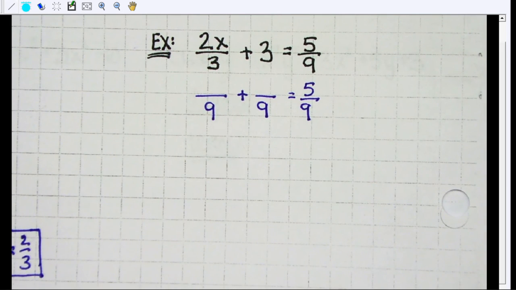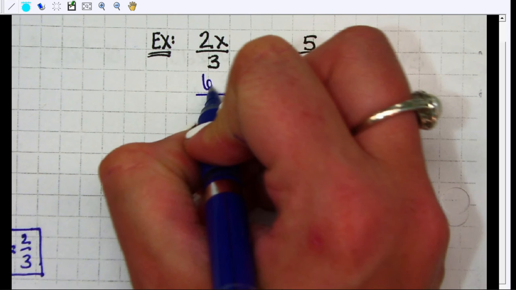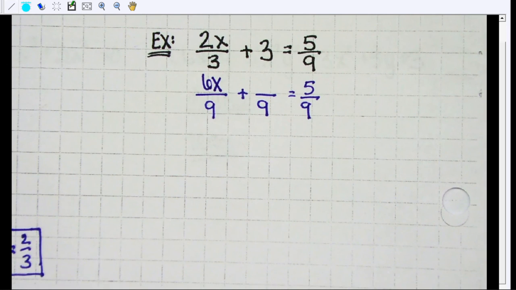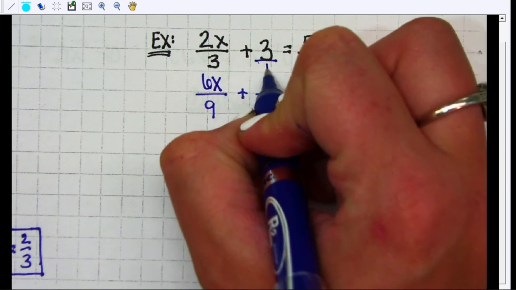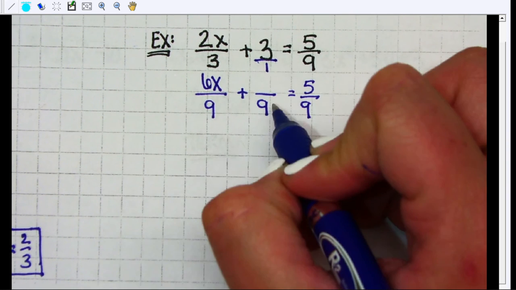What does the 2x over 3 become? Yeah, 6x over 9. We just multiply by 3. What about the next one? What's 9 times 3? 27. Remember, this is technically over 1, so I'd multiply top and bottom by 9.